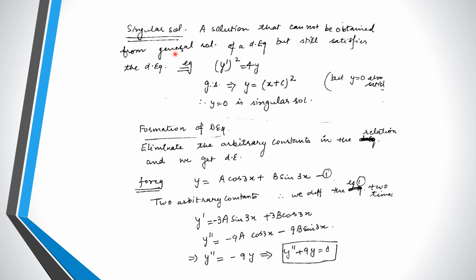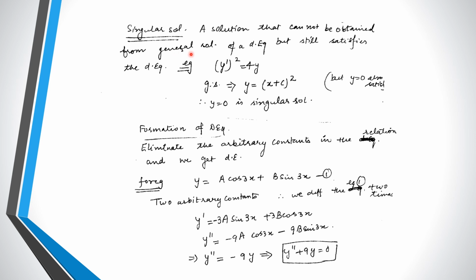So we have such a solution which cannot be obtained from the general solution but satisfies the original differential equation. So that solution is said to be the singular solution.